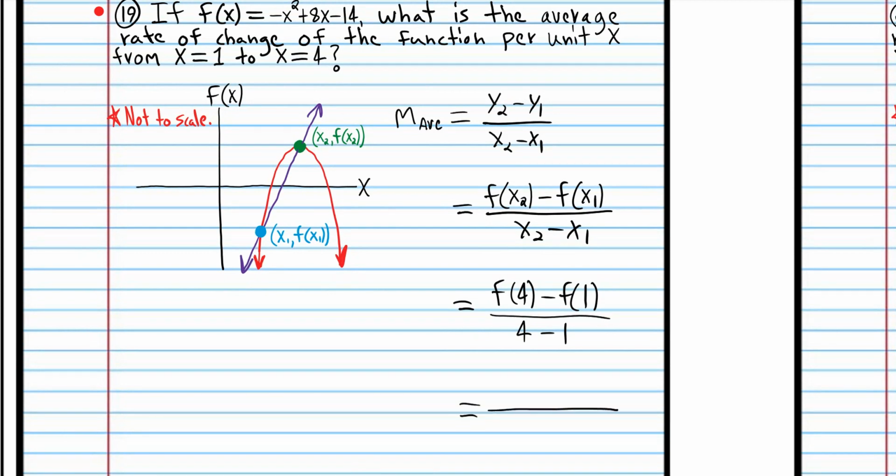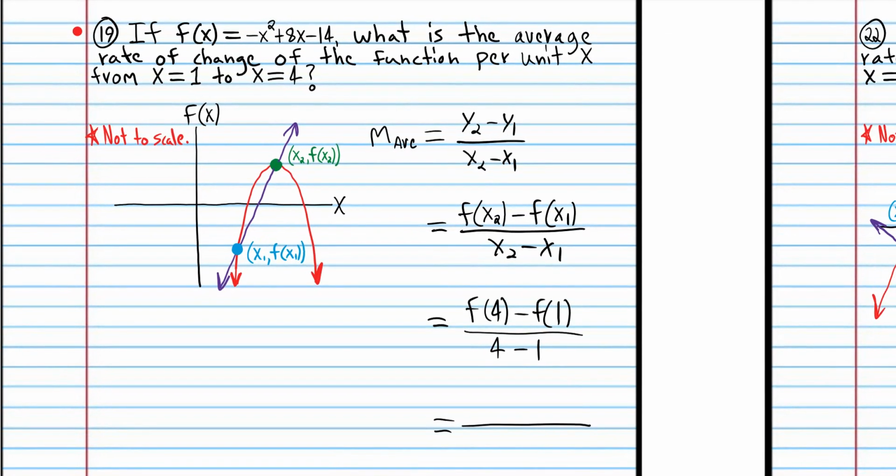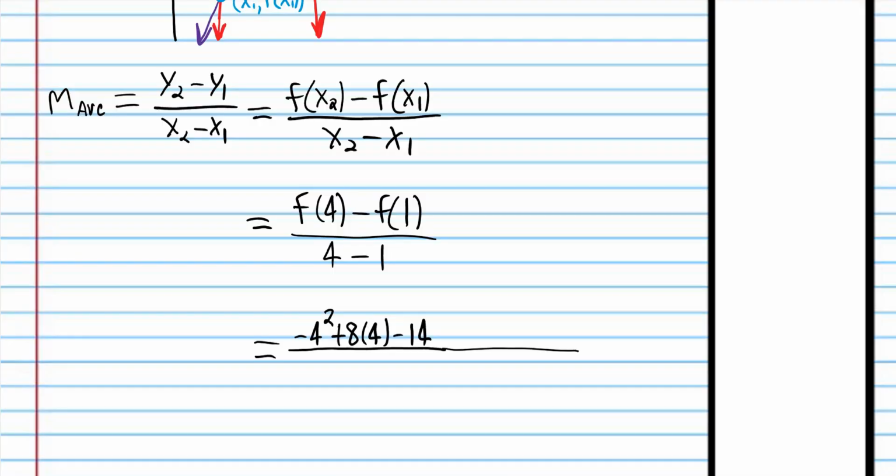So f of 4 is just this expression with 4 plugged in for x. So we have negative 4 to the second power plus 8 times 4 minus 14. And so that's f of 4, and then we're going to subtract f of 1, but we have to use parentheses.